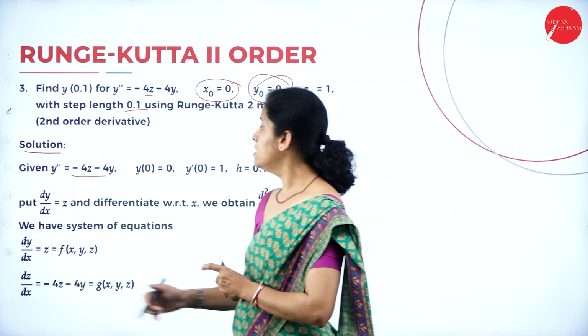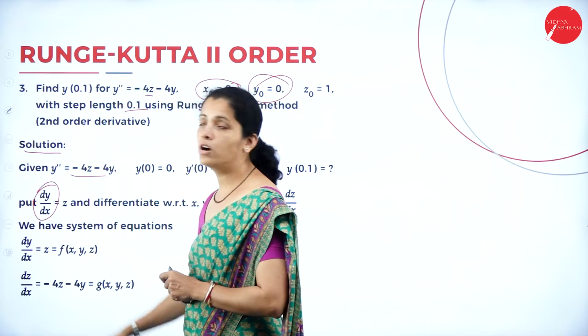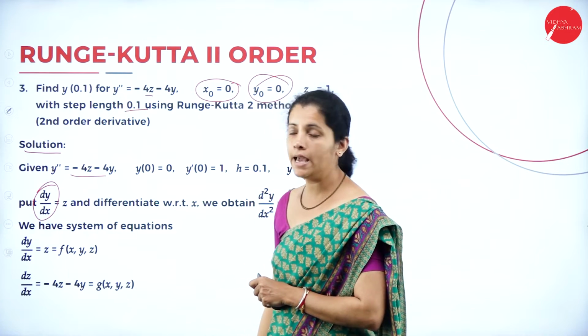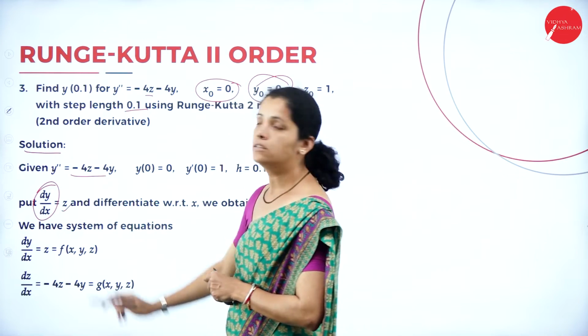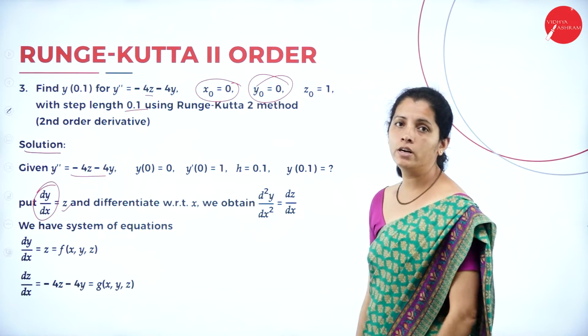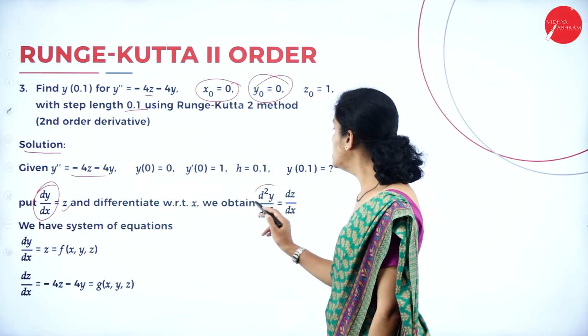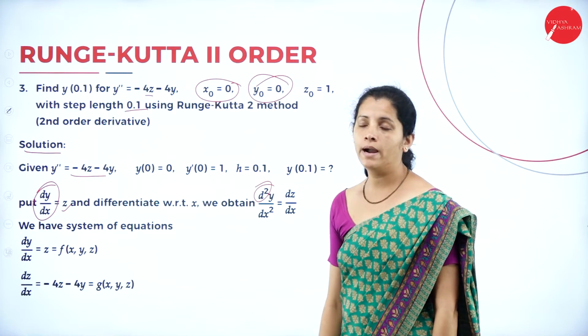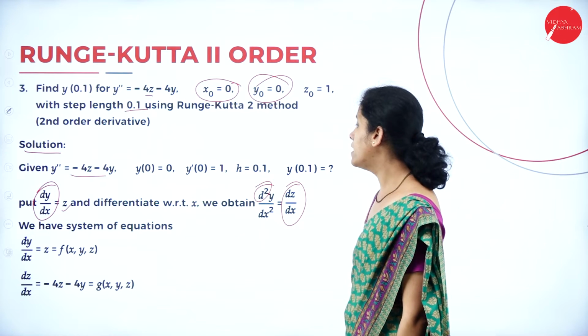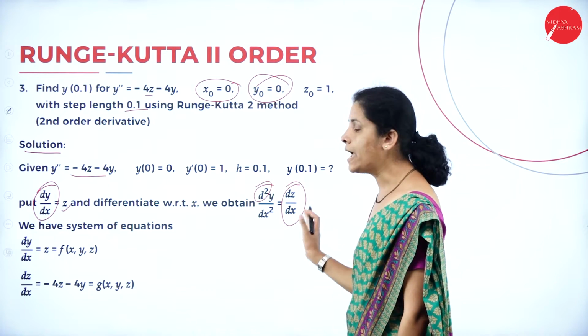See here, the first order derivative is dy divided by dx, that is nothing but z. If I consider the second order derivative, then d square y divided by dx square is dz divided by dx.